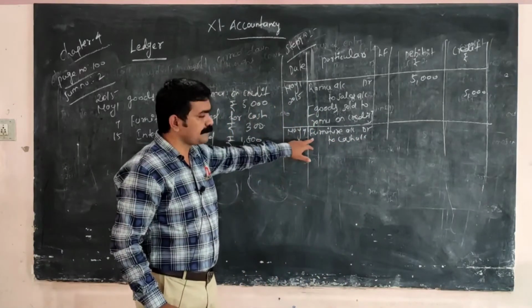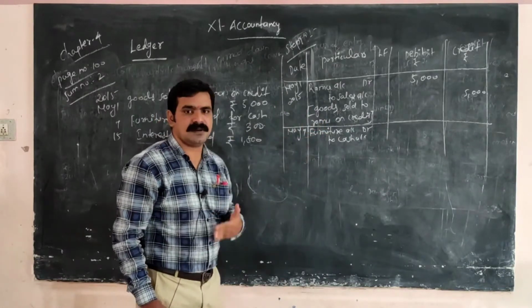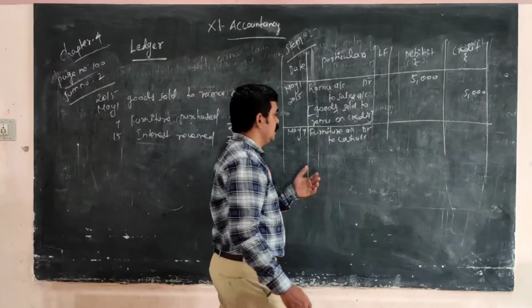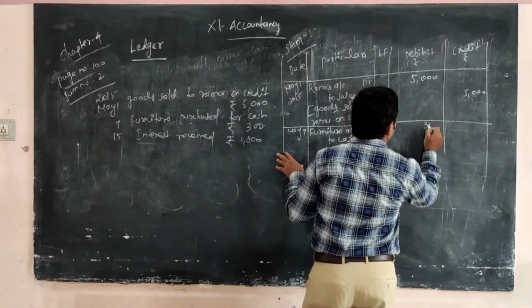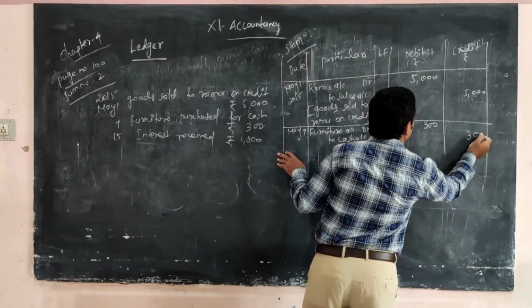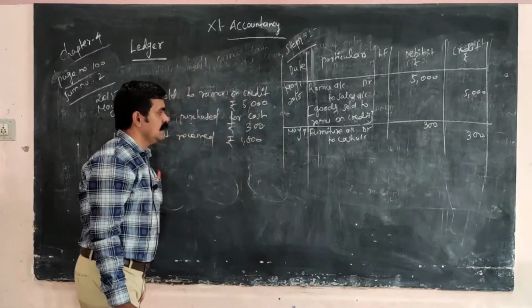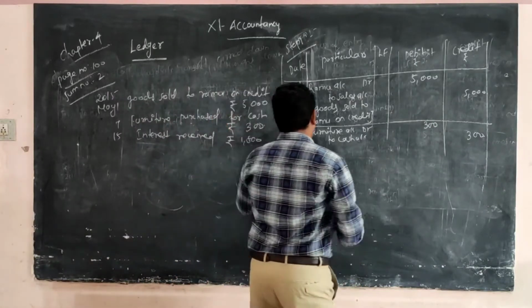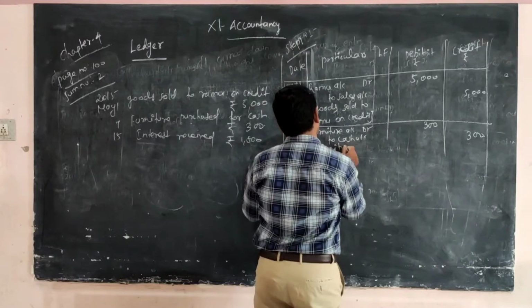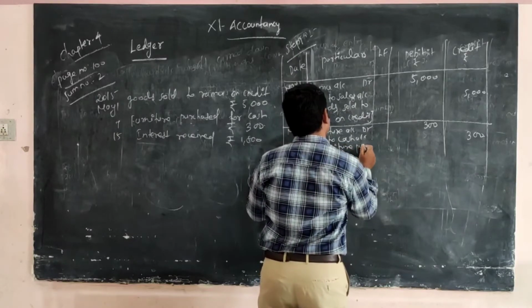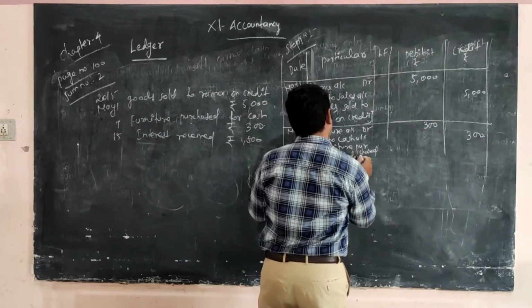Furniture comes in, cash goes out. The amount is 300. Furniture purchased for cash.